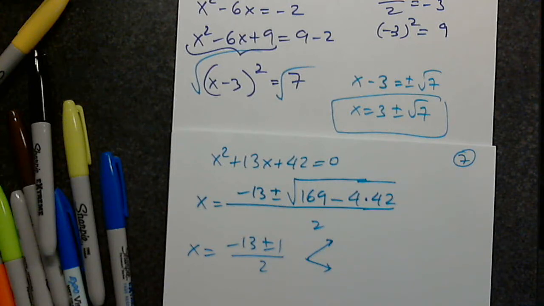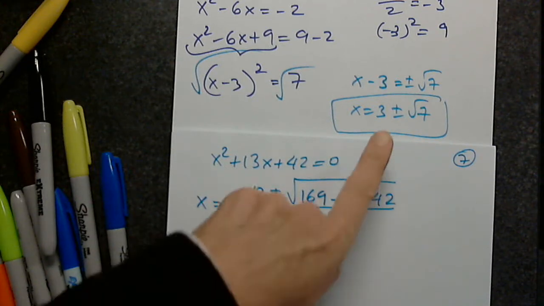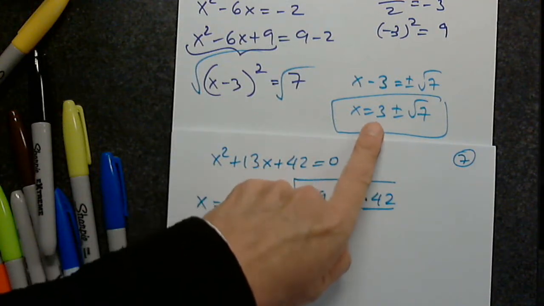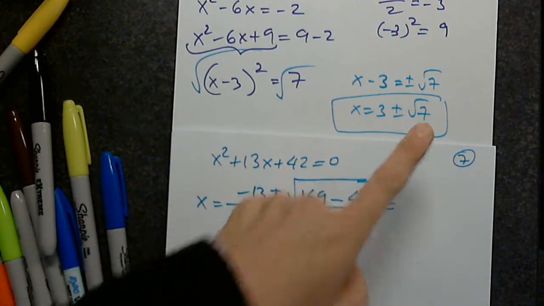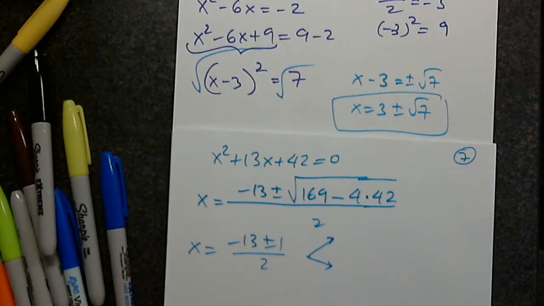Yes, because we have no choice. They are simplifiable, so I have to separate them. If they cannot be simplified, for example, here, I will not ask you to do that because we cannot simplify 3 plus the square root of 7 and 3 minus the square root of 7. It's done. But here I have no choice.